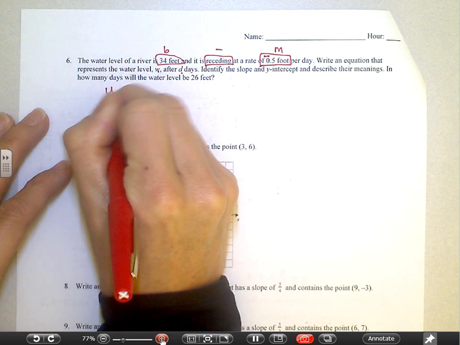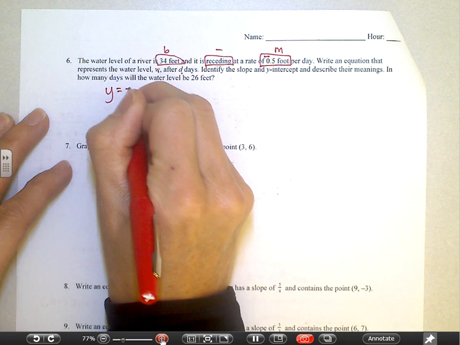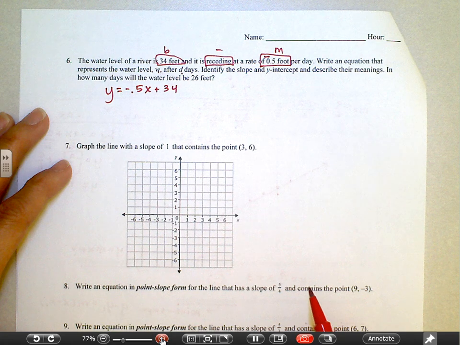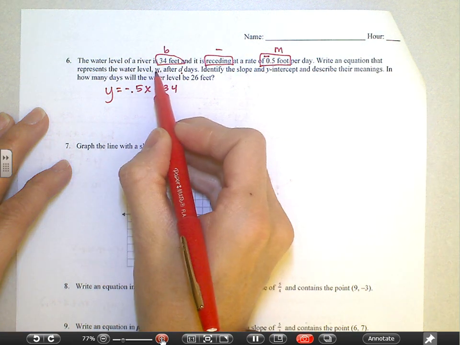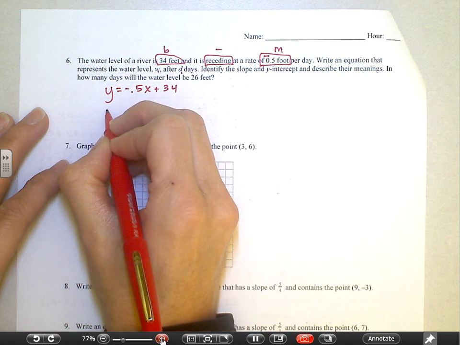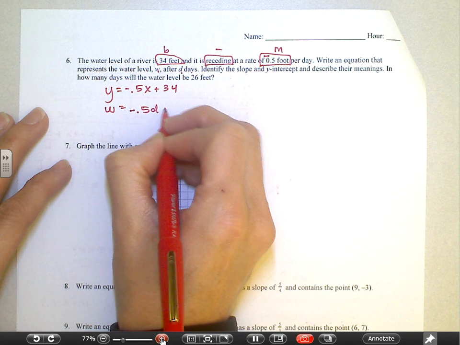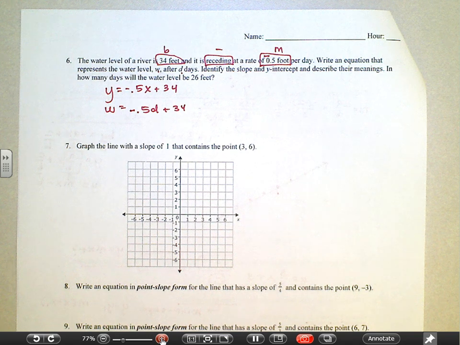So your equation is y equals negative 0.5x plus 34. If you do want to do this in W and D, it would be W equals negative 0.5D plus 34 because it's per day.